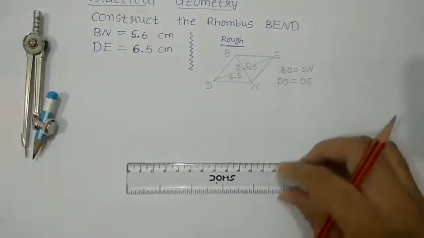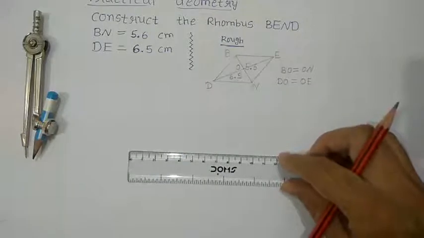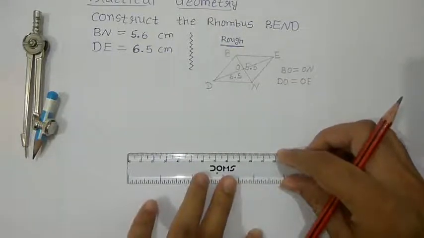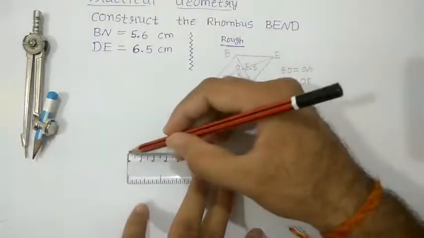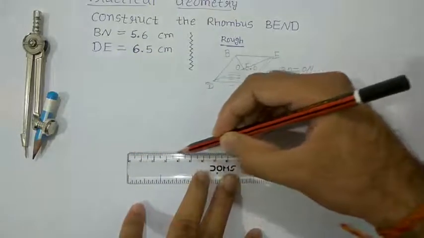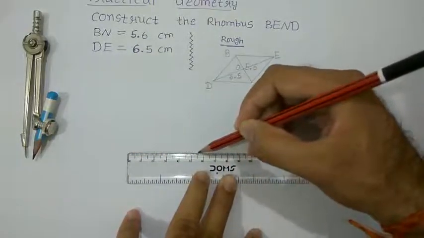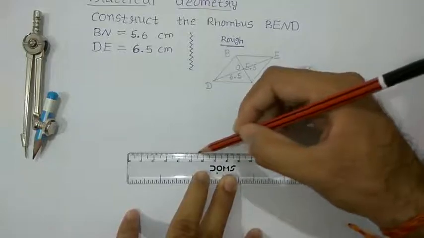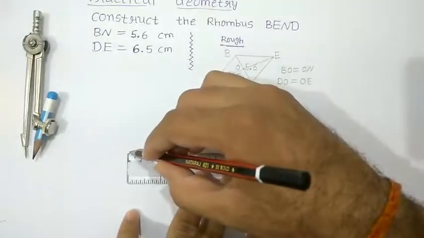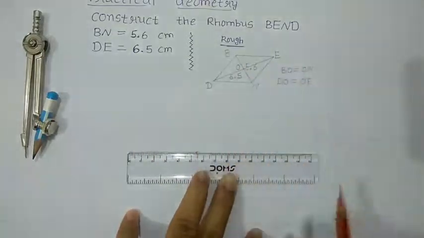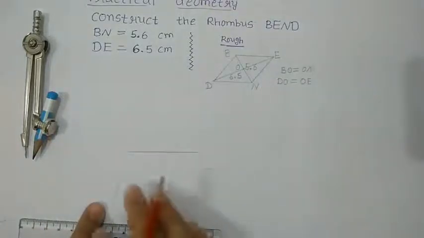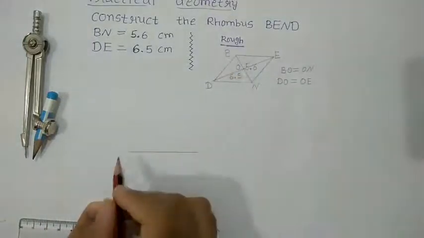So here is our scale. Here is the 0. Now this is 5.5 and 5.6, right? So this is one of the diagonals that we have drawn, that is BN.